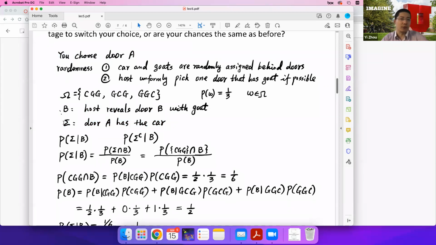In particular, we want to know the probability of this event conditioned on the information that the host reveals to us. So we are looking at the probability that the car is behind door A, conditioned on the host revealing another door with the ghost.